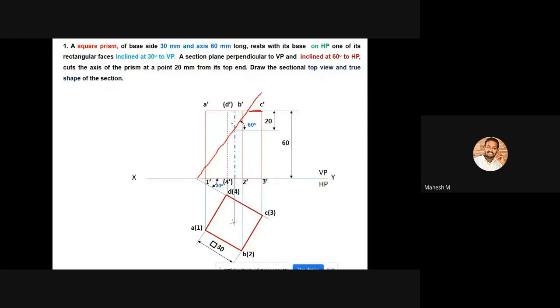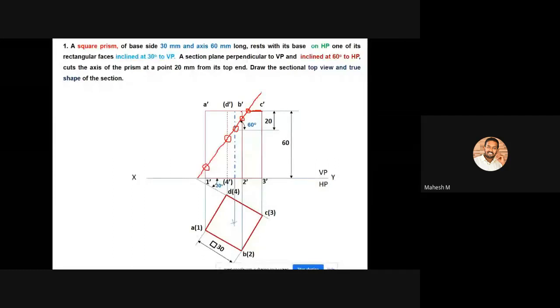Okay, and you have to mark the cutting points. So here we have a cutting point at this, and this is one more cutting point, and for the axis also we have a cutting point. So this is a cutting point, and this is another one, and this is also another one. So we have 5 cutting points.